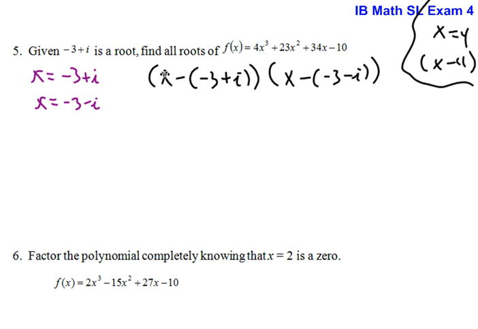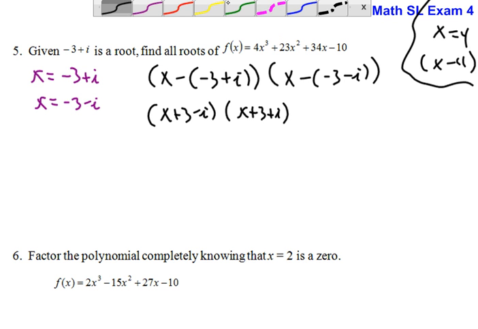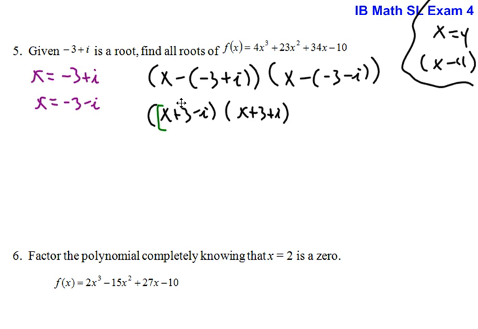Okay, and I'm going to go ahead and first distribute that negative sign. So x plus 3 minus i, x plus 3 plus i. And the trick here is to notice that if I were to put the x plus 3 in brackets and the x plus 3 in brackets, see how they're both the same, x plus 3, x plus 3?